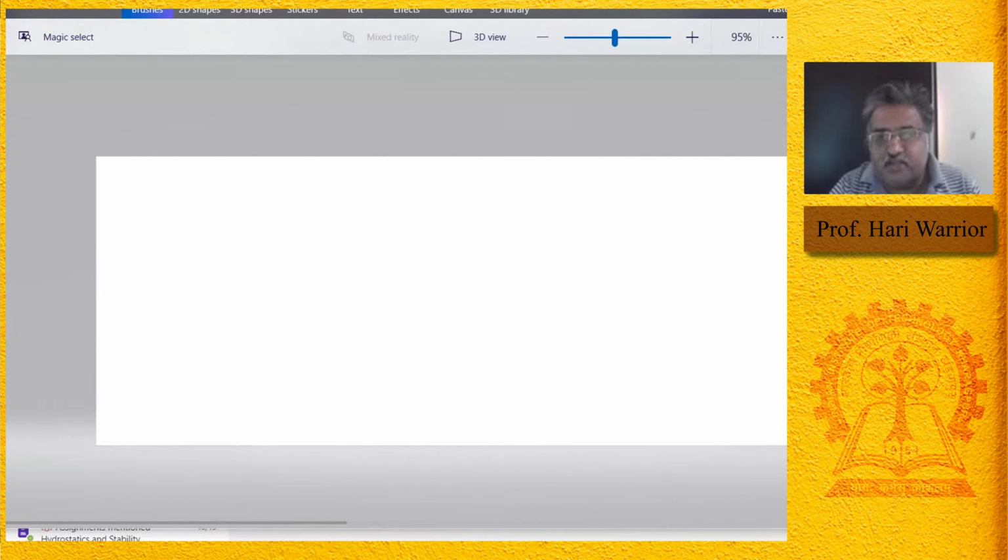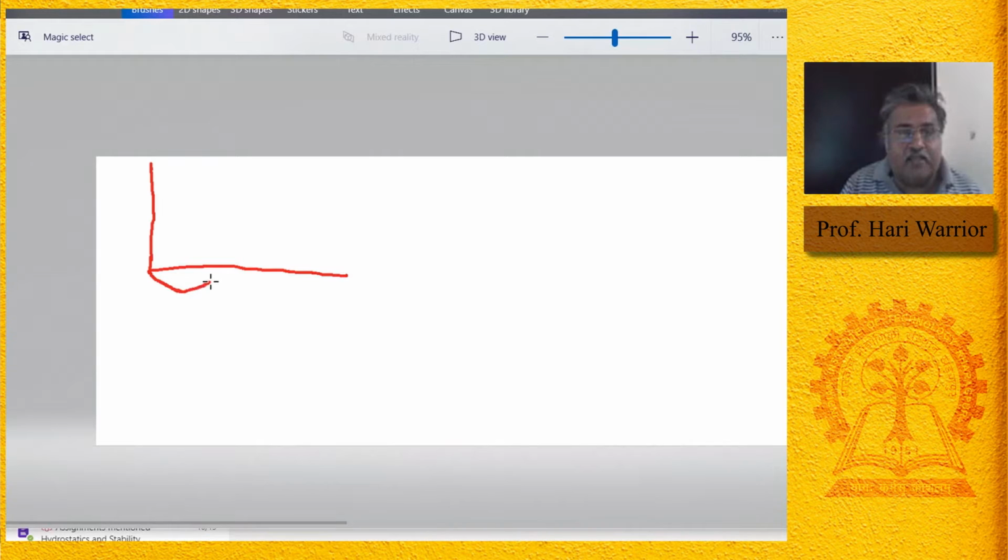Usually, if you remember the figure, let me draw that figure. When a ship is upright with a negative GM and then a positive GM, it can produce a situation like this, which is known as lolling.